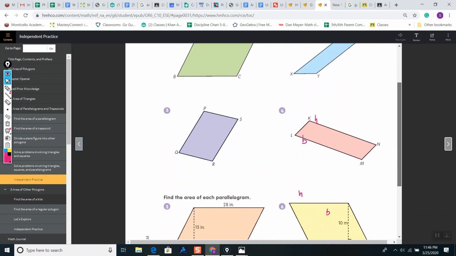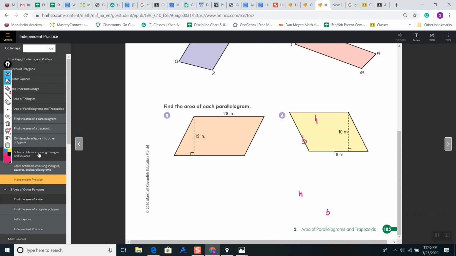Okay, let's scroll this down and find the area for the parallelogram. Our formula is area is equal to base multiplied by the height.